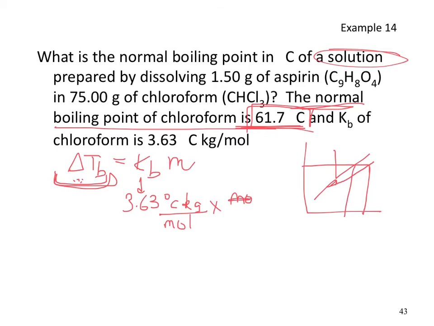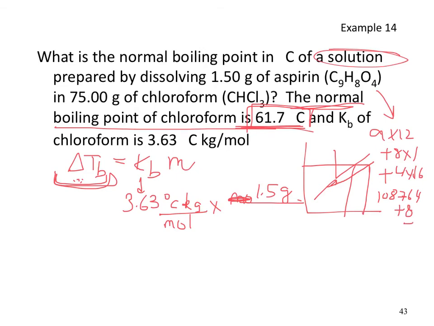So I'm going to say 1.5 grams divided by, let's determine the molar mass of aspirin. That will be 9 times 12 plus 8 times 1 plus 4 times 16. That should come out to be 108 plus 8 plus 64, which is 180 grams per mole.